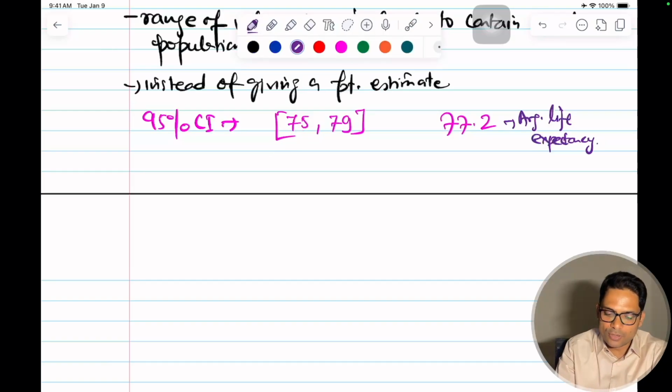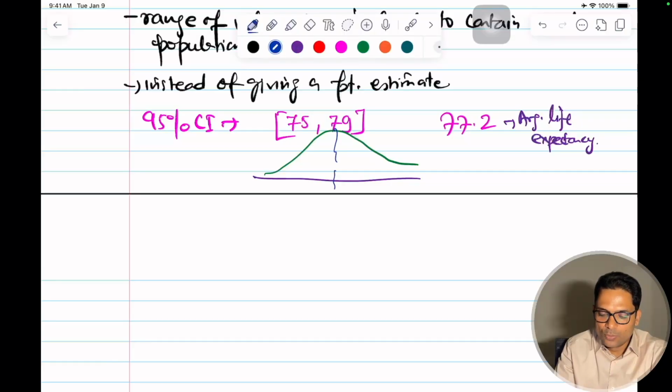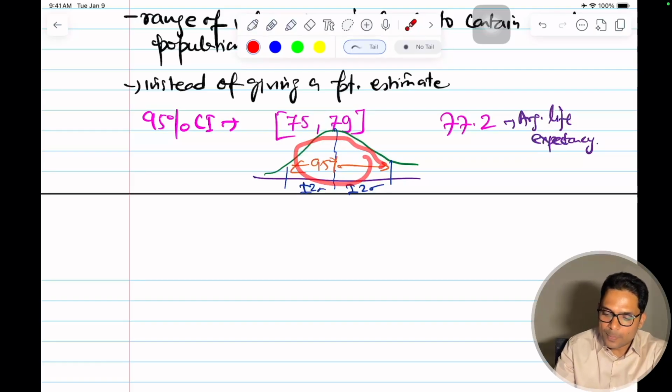For example, if I have a Gaussian like this, then I can say that if I have two values which are plus minus 2 standard deviations away on both sides, my data will lie in this range with 95% confidence.